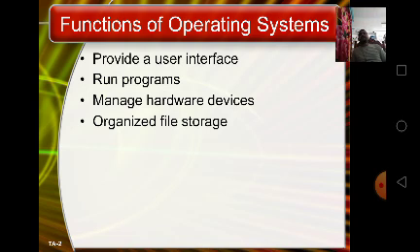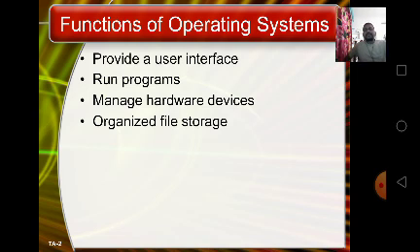Another objective is to list the 4 types of operating systems. Another objective is to identify 4 components found in most graphical user interfaces. Another objective is to describe the operating system's role in running software programs. The next objective is to list 3 ways an operating system manages the computer's hardware. These are the main objectives of operating systems.